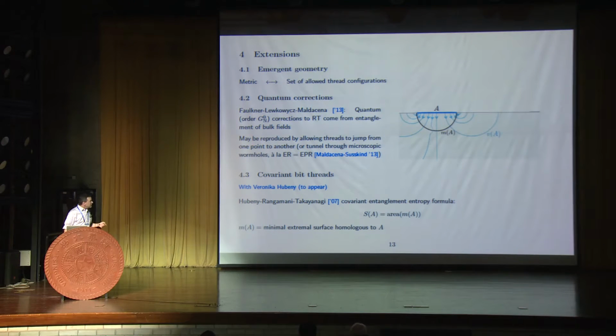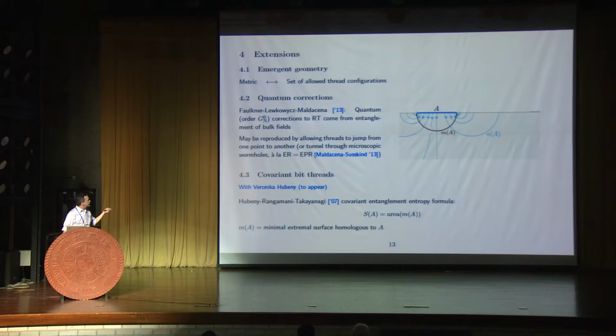The second is quantum corrections, which Juan talked a lot about. So Faulkner, Lewkowycz, and Maldacena explained that the order G Newton to the 0, in other words, bulk quantum corrections to the entanglement entropy, are given by the entanglement entropy of the bulk fields between this region on one side of the minimal surface and the rest of the space-time.